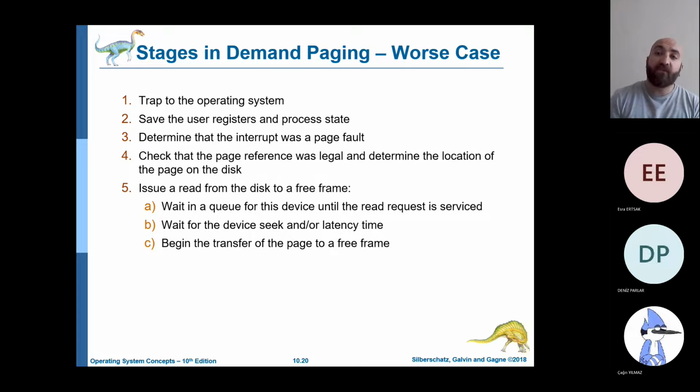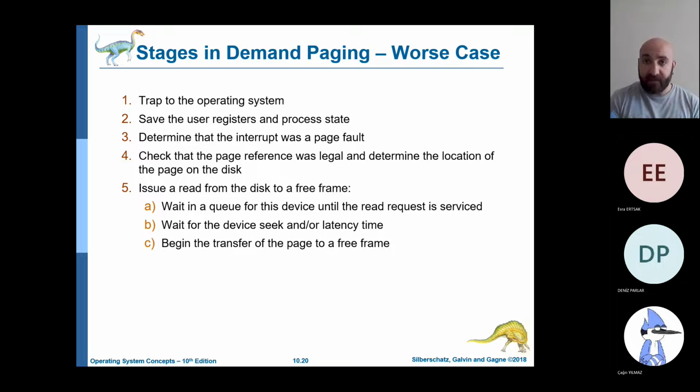However, if a page fault occurs, we must first read the relevant page from secondary storage and then access the desired word. To compute the effective access time, we must know how much time is needed to service a page fault. A page fault causes the following sequence to occur.